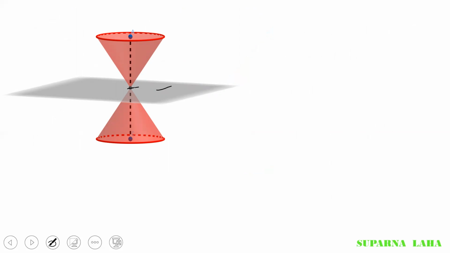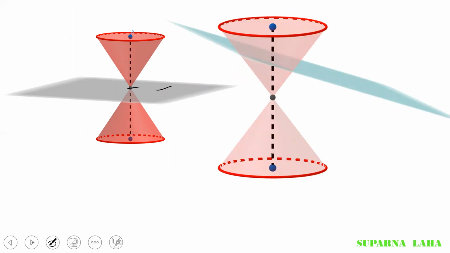Or, if it is not passing through the vertex, it passes through the upper nap or lower nap or both at a certain angle.